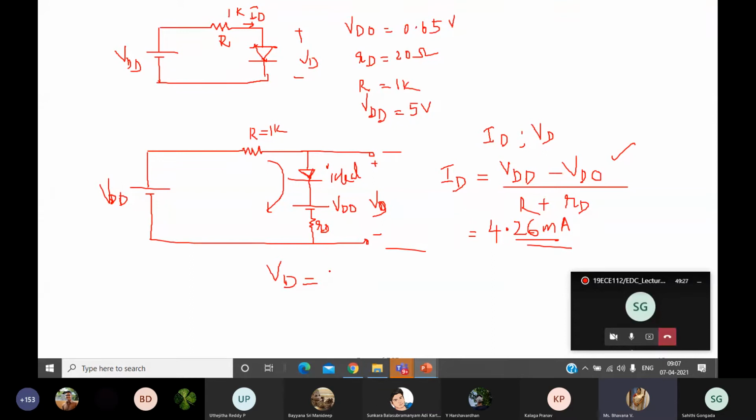That's it. VD is VD naught plus ID into RD. ID into R, ma'am? RD, not R, RD. Output is taken across here, not here.